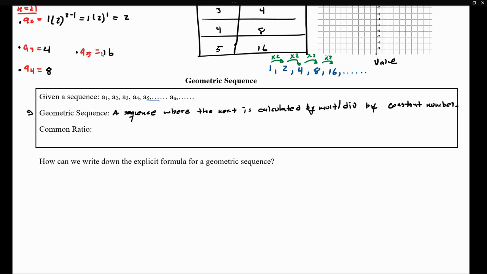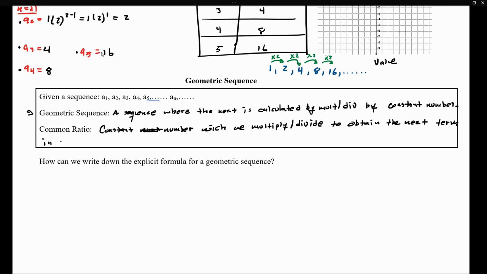Now, the common ratio is the constant number, or constant value, which we multiply, again, it could also be division, to obtain the next term in the sequence.